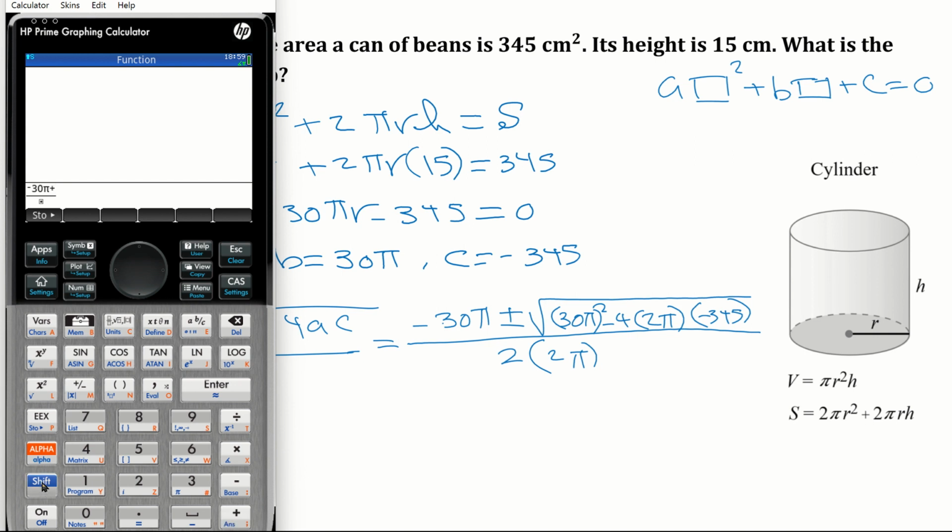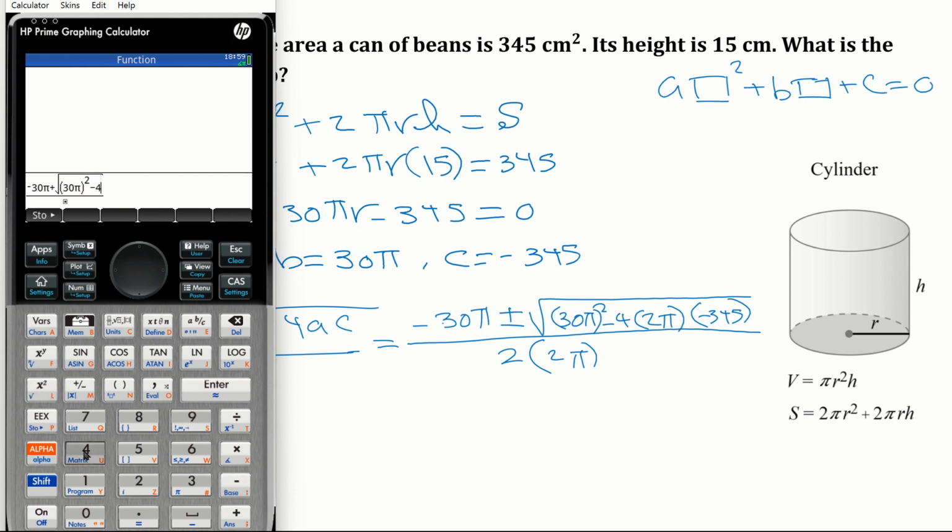And then you're going to hit shift x squared, that brings up the radical expression. Now I'm going to type this exactly as I see it, okay? I'm going to start with parentheses, and I'm going to go ahead and type 30 pi. Now I need to hit the arrow once to the right to get out of the parentheses. Now I'm going to square, okay?